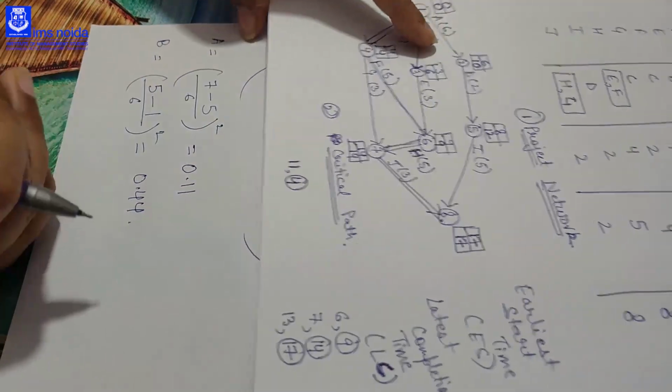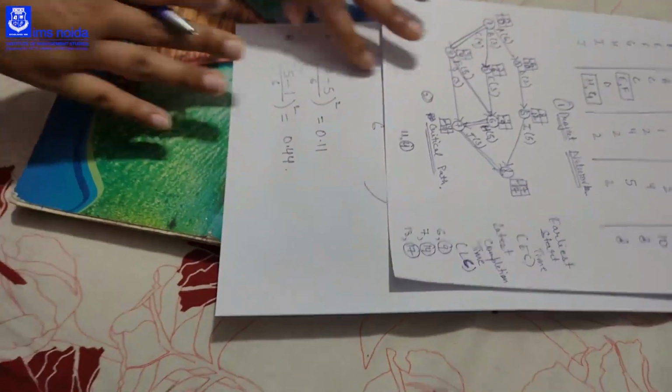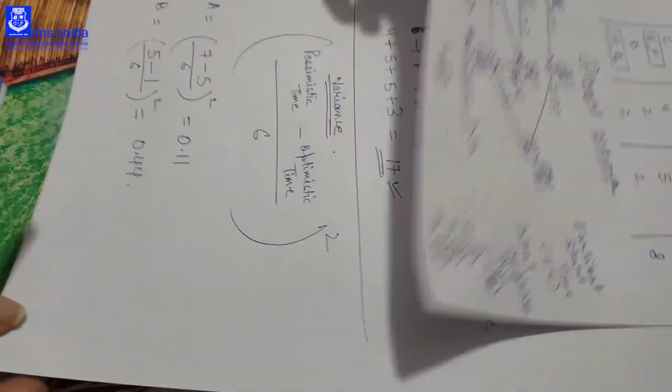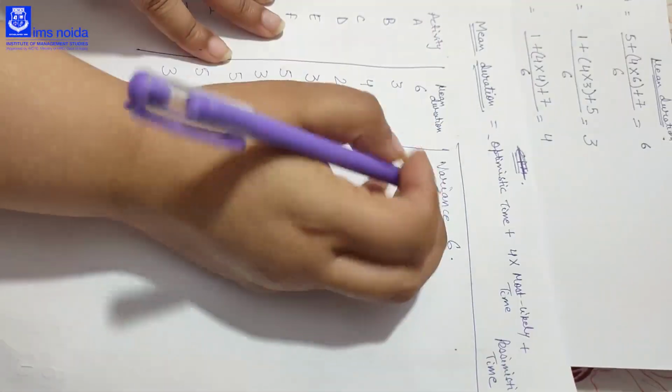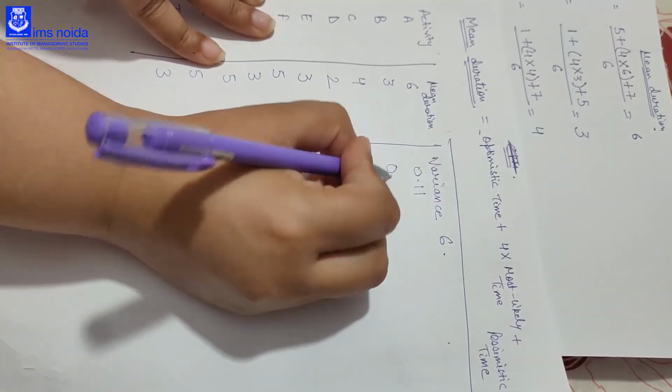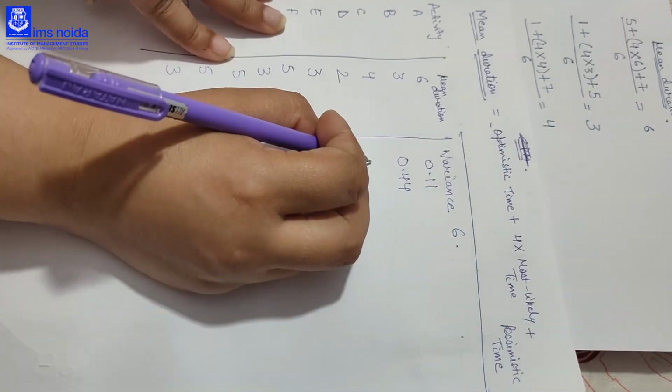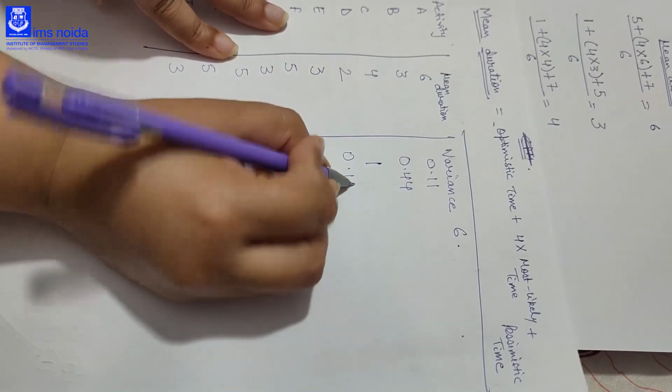So for every activity, using this formula, you have to find the variance and calculate the variance directly. You can find the variance with the help of the formula as I have explained. So variance of A is 0.11, then 0.44, then 1.11.